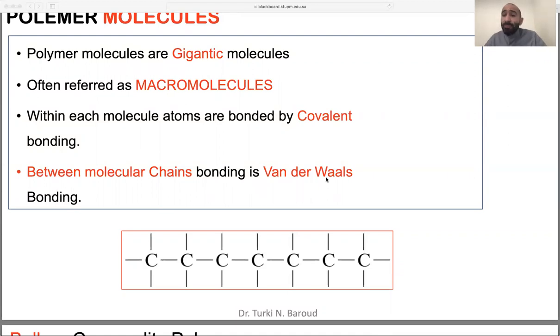If you remember from the first chapter in the semester, van der Waals is much weaker compared with covalent bonding. So that tells you that the bonds within the chain itself are very strong. However, between the chains, they are weaker.